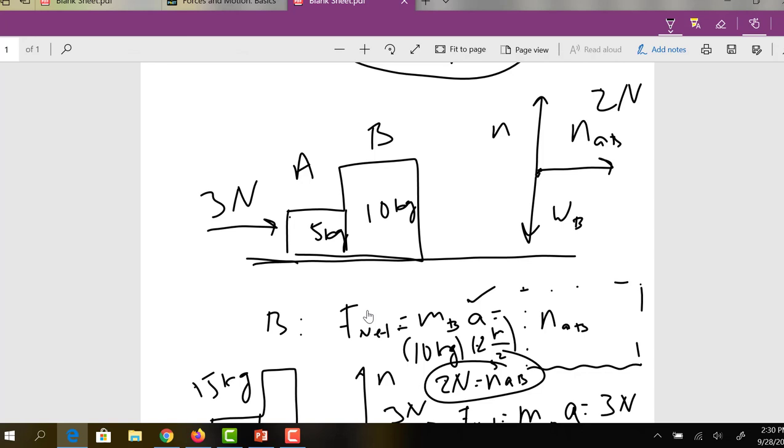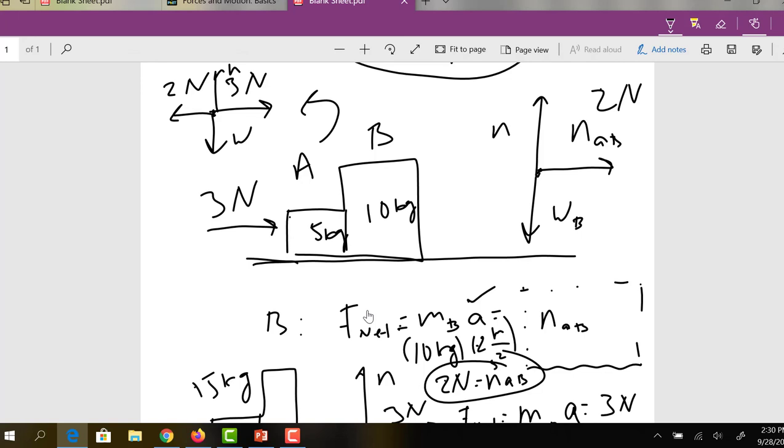Just for fun, let's look at the free body diagram of A real quick. I'll do it up here. This is 3 newtons. Now we know that this has to be 2 newtons, right? We also have the weight and the normal force. This is the free body diagram of A. So there's 3 newtons, that's the outside force from the person.